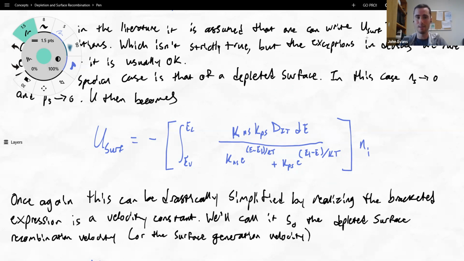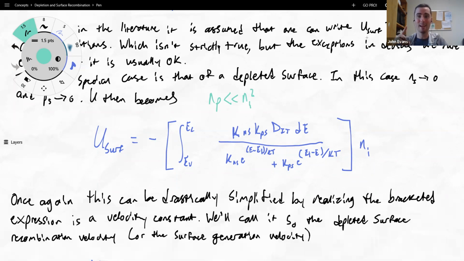Notice we have a minus sign. And notice we're at a depleted surface. So if N and P are both approaching 0, that means they're probably going to be a lot less than N sub I squared, right?